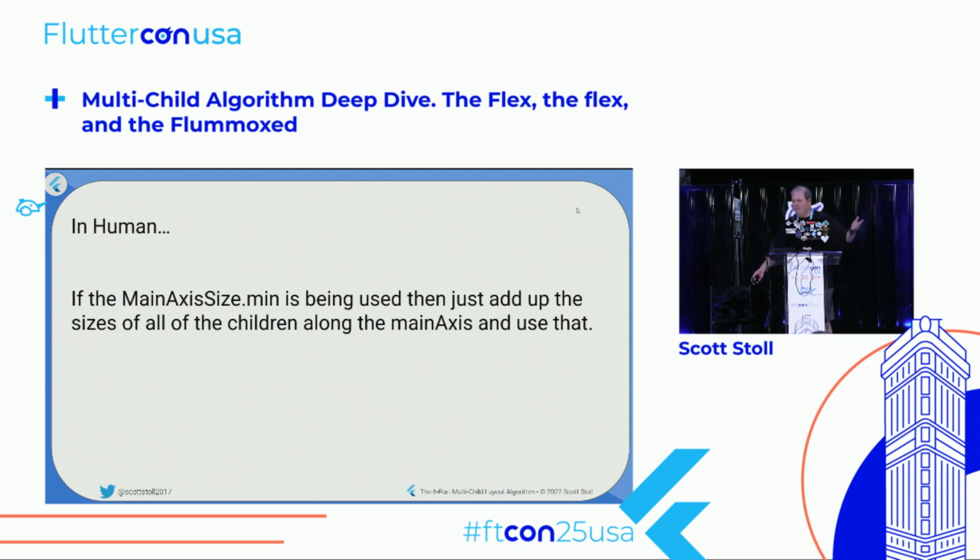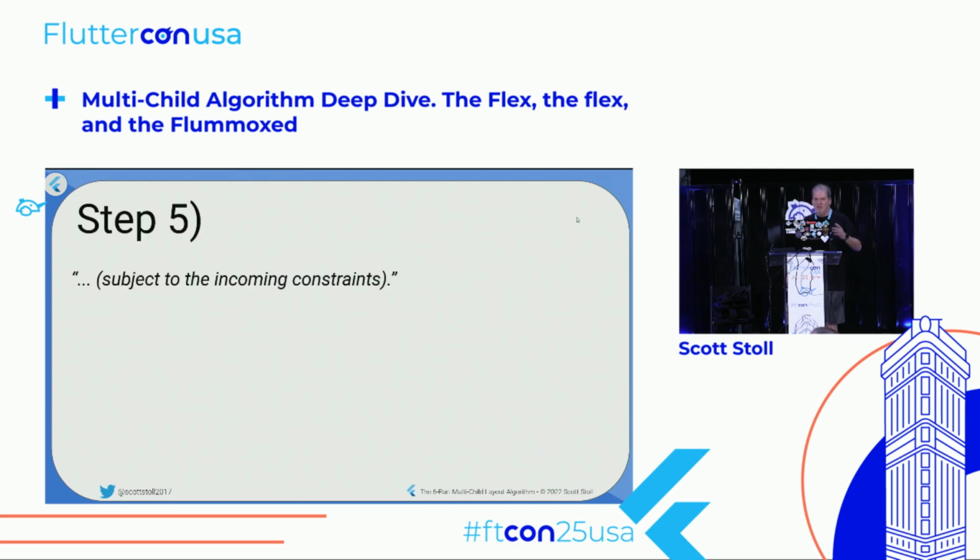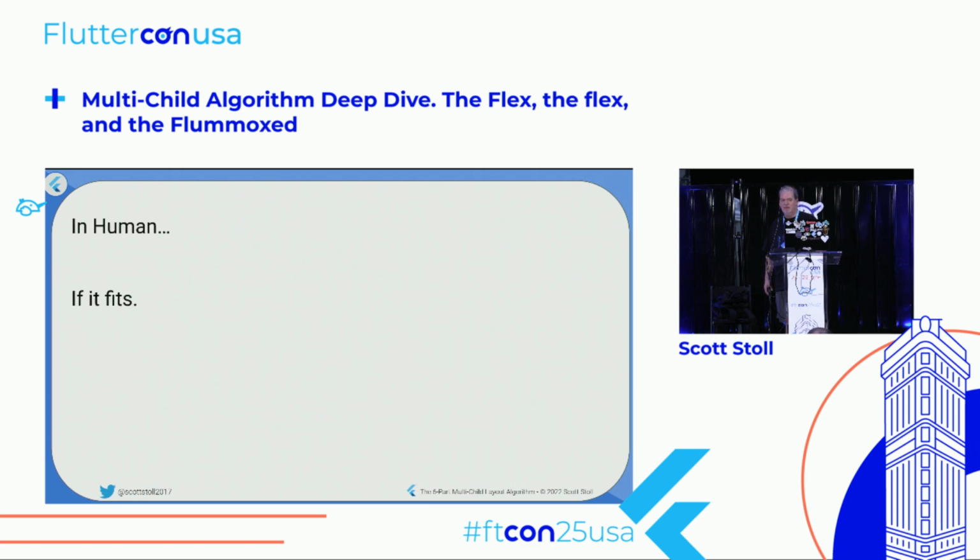Just add them up. So then, subject to incoming constraints. You know what that means? If it fits. That's what it means. You add up all the children for main axis size min. That's the size it's going to be if it fits. Why couldn't they just say that?